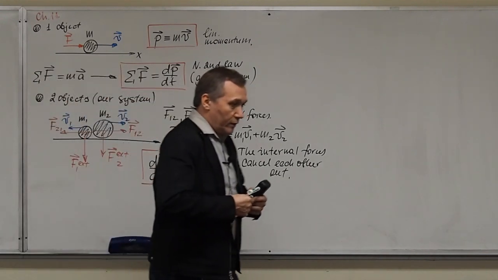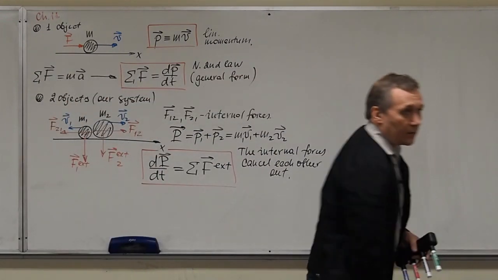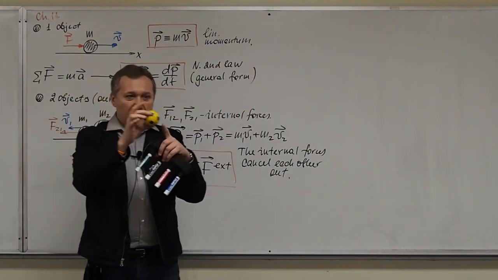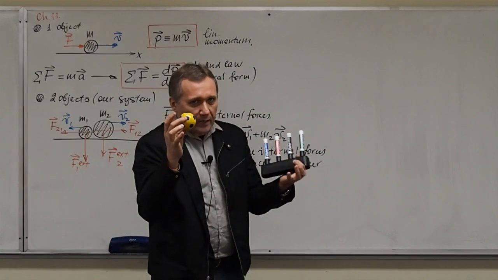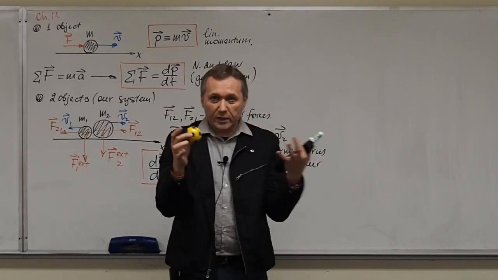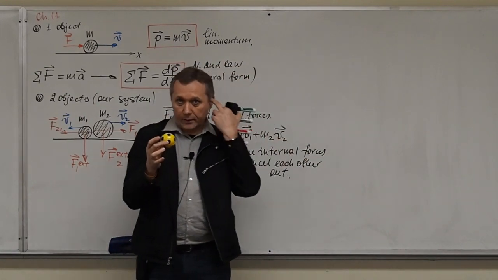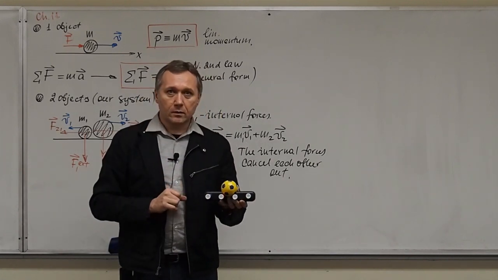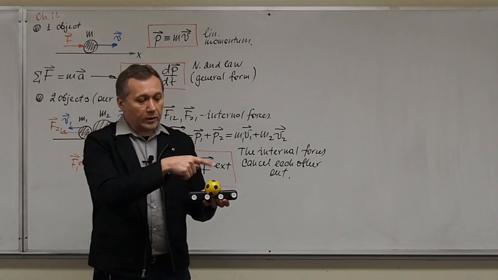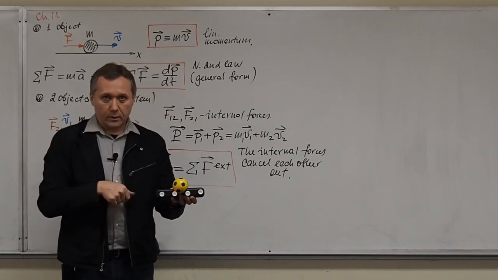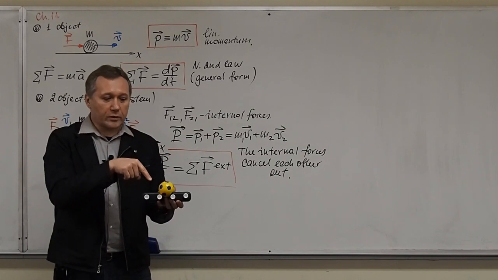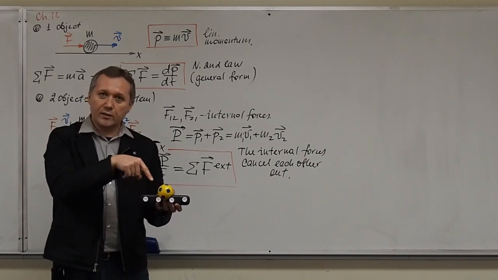So that's why, for example, if I take this ball, of course, inside of this ball we have a gazillion particles, and they are interacting with each other. And if I leave it like this, the total linear momentum is 0, and there are tons of internal forces, but those internal forces are not capable of changing that 0 linear momentum.